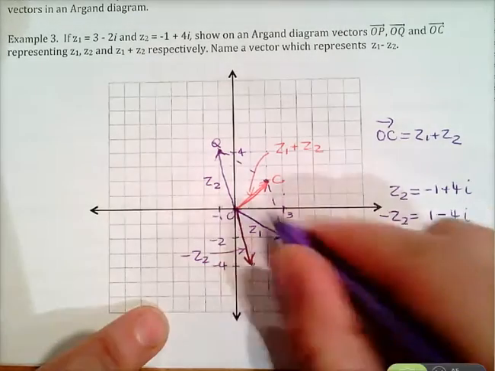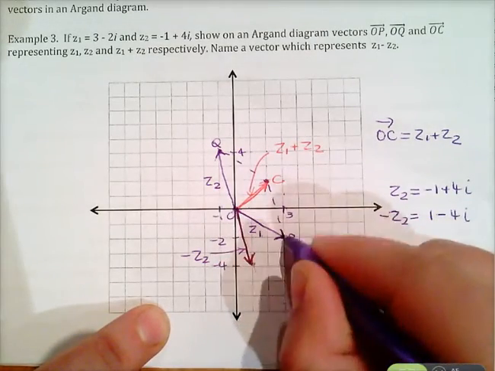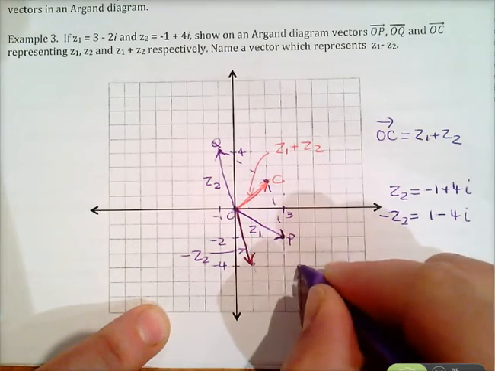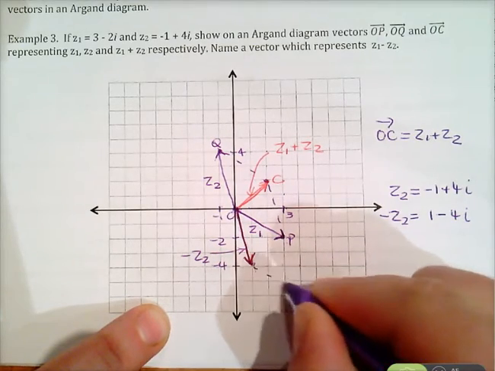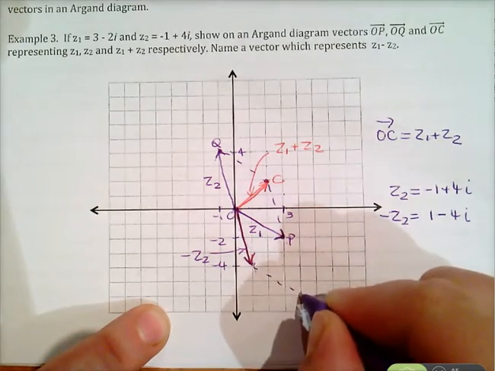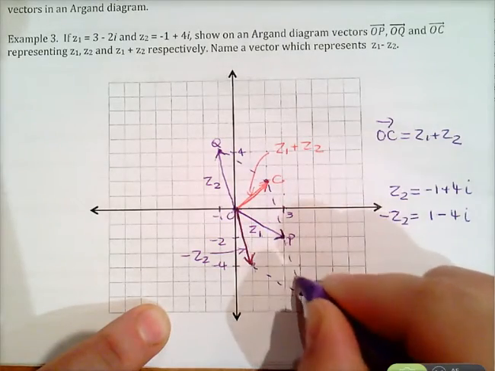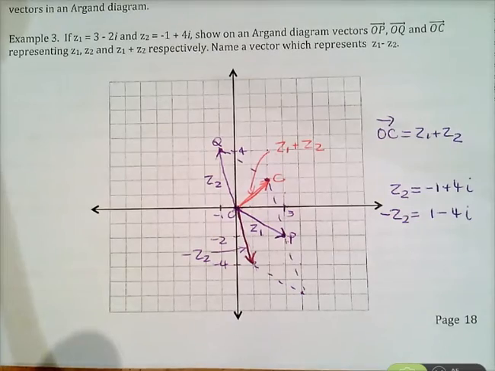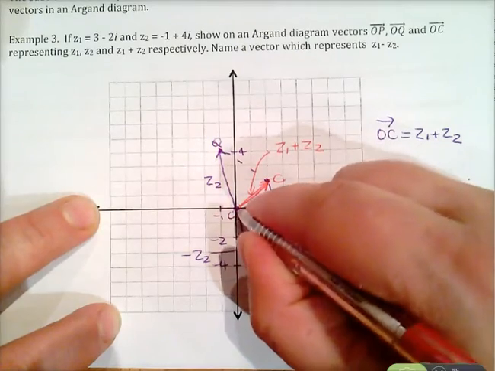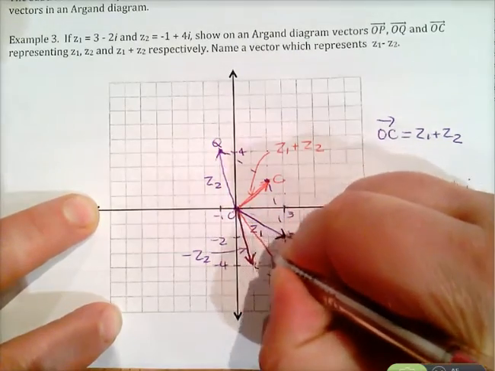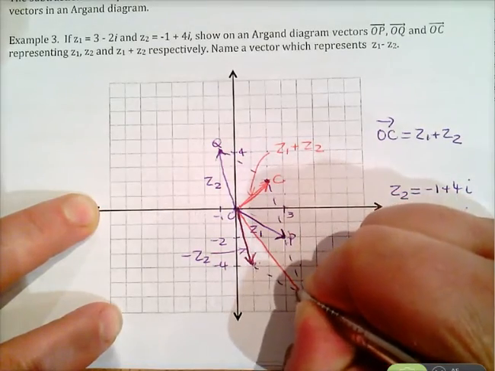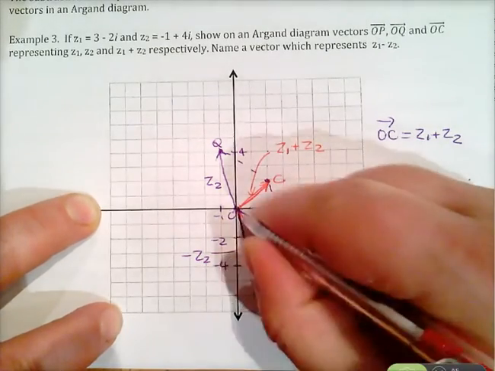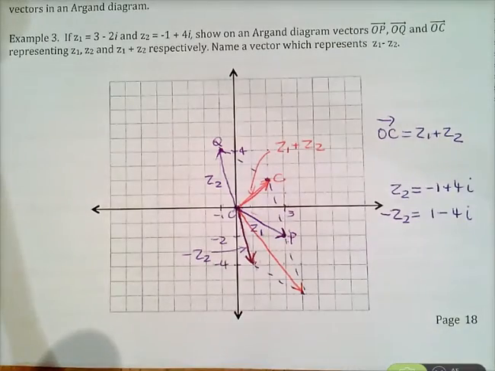And if I do the resultant parallelogram across 3 down 2, across 3 down 2, so if I do another resultant parallelogram here, then the resultant vector goes down like that.